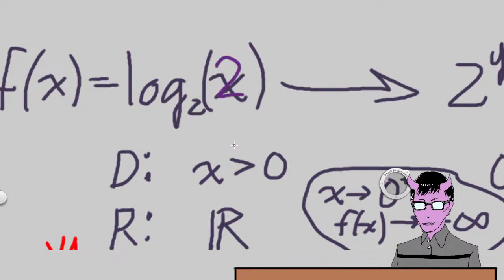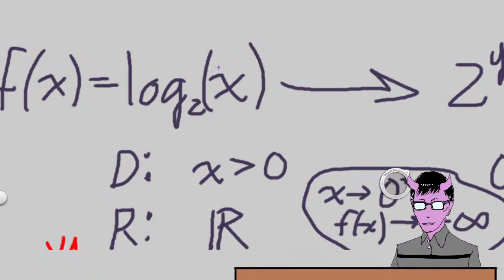So 2 is a very good one. 4 is a good one. Not 6, because 6 is not a value you can achieve by putting a nice exponent on 2. 8 is the next one. 16 is kind of pushing it. I wouldn't do 16 because that typically goes off scale for typical graphs.